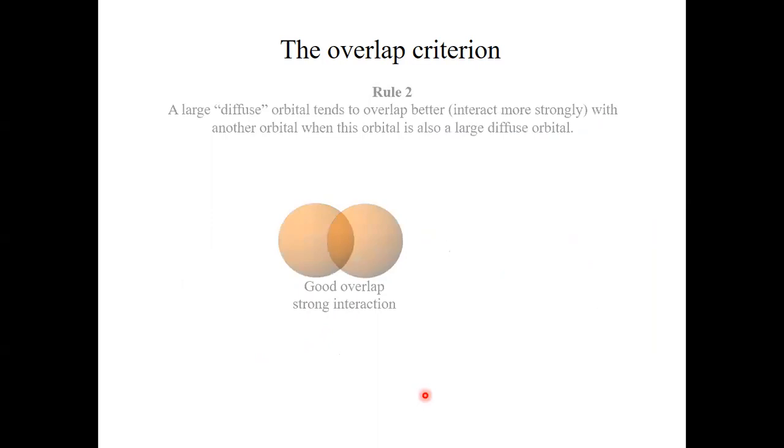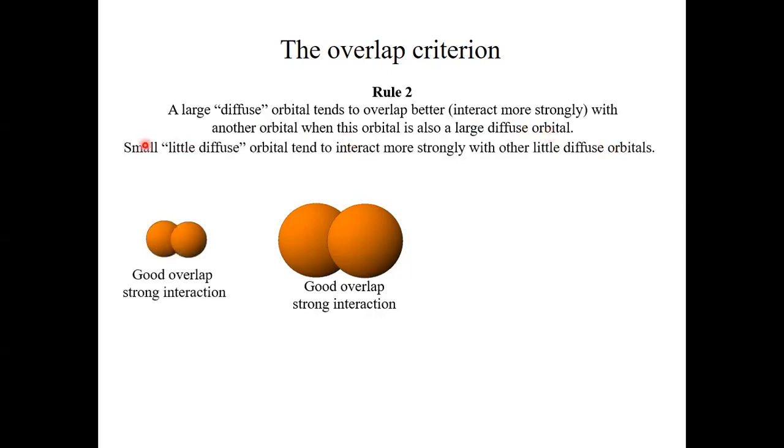So what is our second rule? Our second rule says that a large diffuse orbital tends to overlap better with another orbital when this orbital is also a large diffuse orbital. When we have a small, less diffuse orbital, then it tends to interact more strongly with another less diffuse orbital.